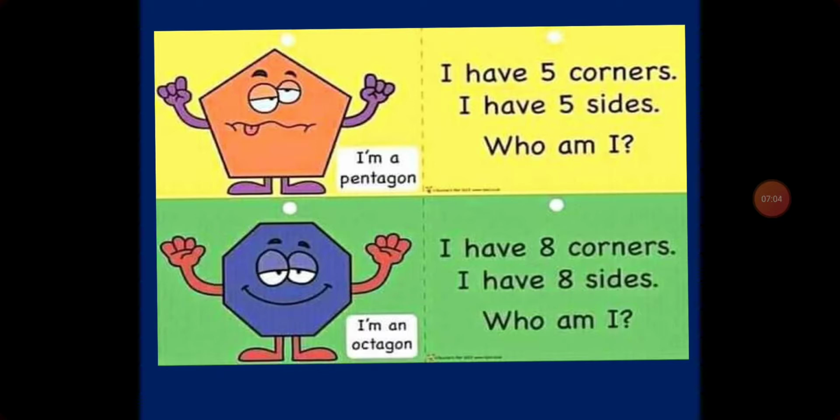Can you count? 1, 2, 3, 4, 5, 6, 7, and 8. And the corners as well. 1, 2, 3, 4, 5, 6, 7, 8 corners. Very good. So an octagon has 8 corners and it has 8 sides. Okay.